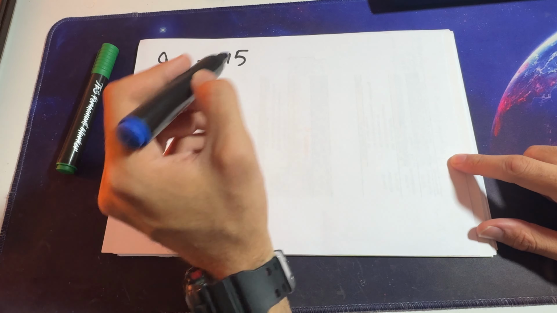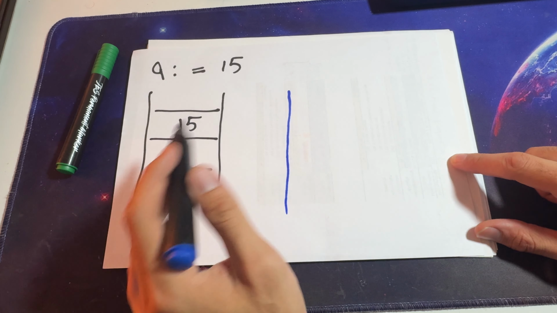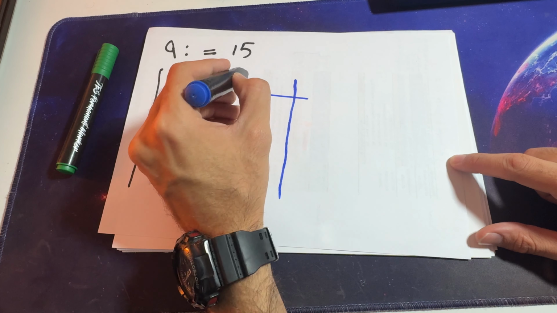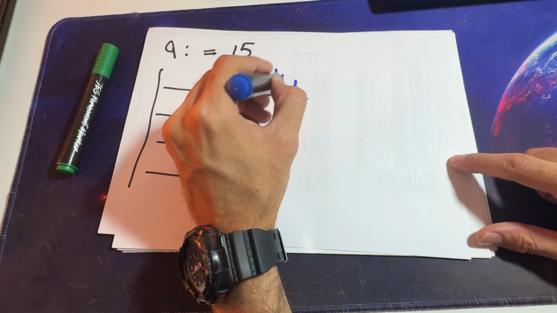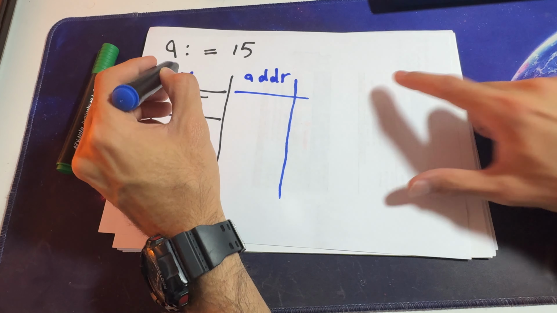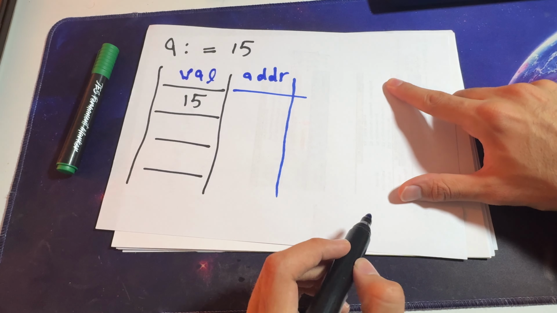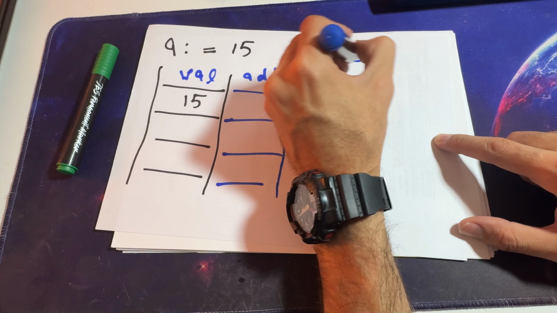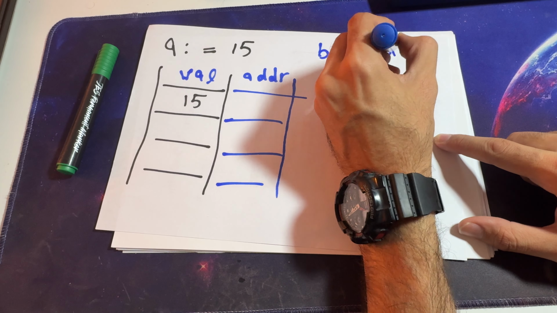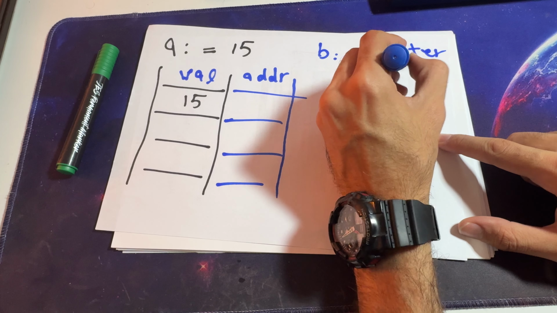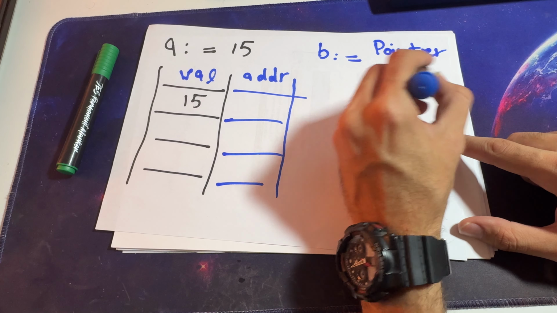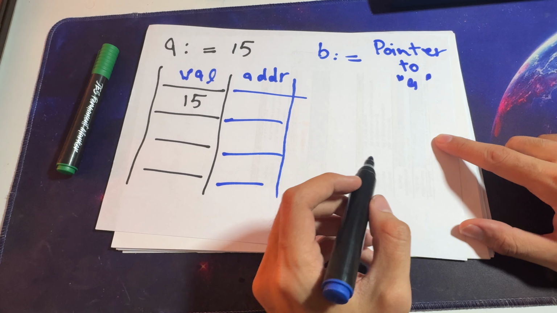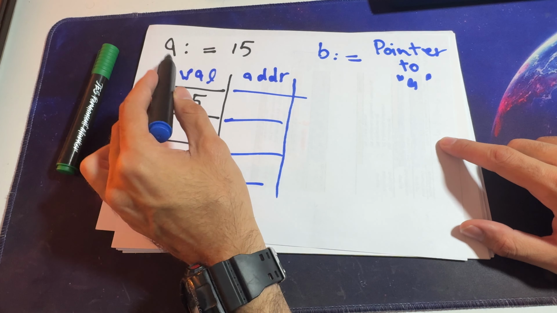Now we have another type of variable, which is the pointer. So what does it do? We have another row here, which is the address, and this one is the value. The b variable, which is a pointer to a, has the address of variable a.